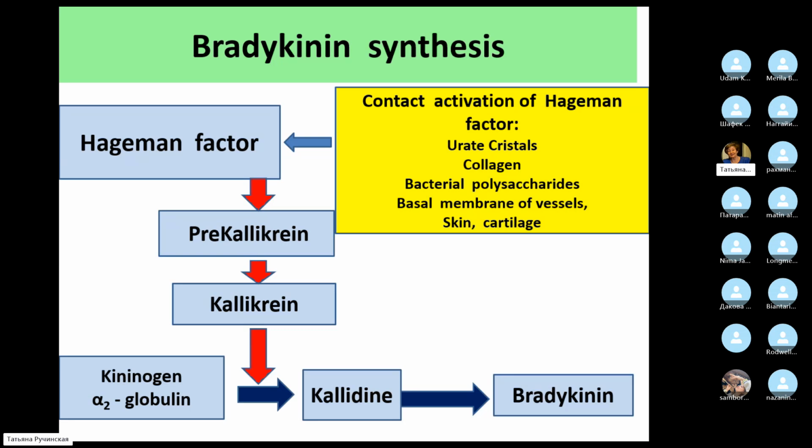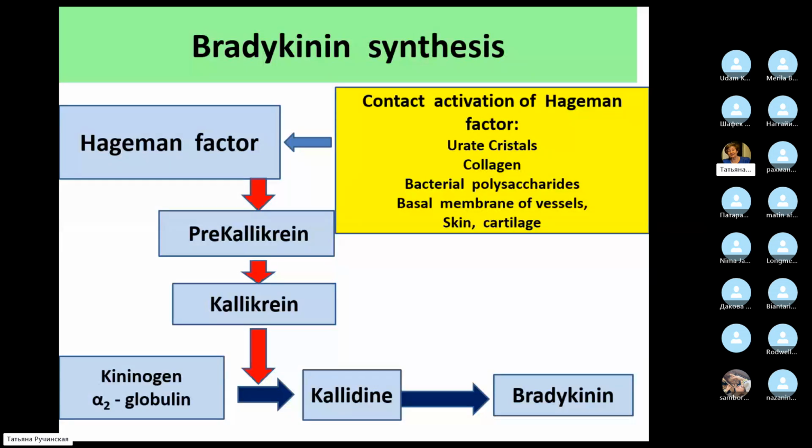What are the causes which lead to activation of Hageman factor? Hageman factor, this protein, swims in blood. So it will be activated by contact with a non-smooth surface, or maybe urea crystals, or with collagen contact.